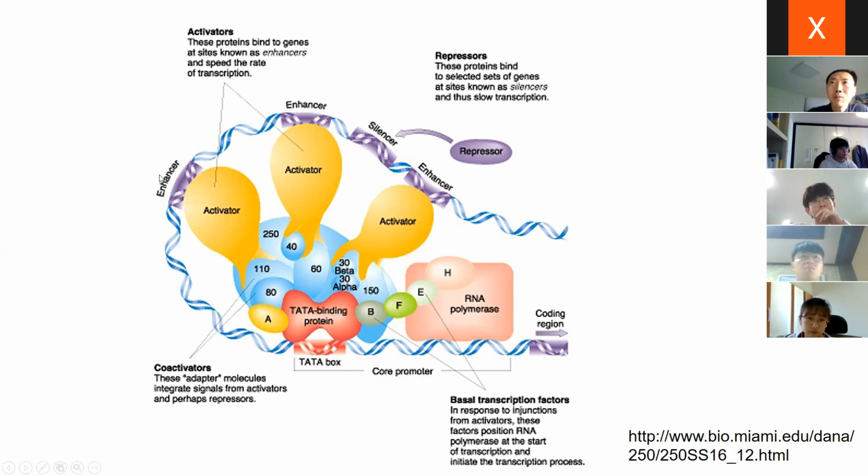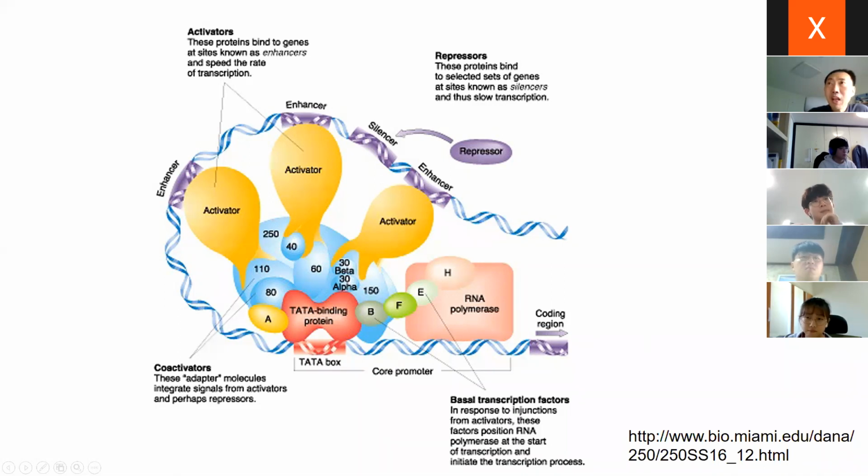Some of those parts, promoter or enhancer or silencer, these guys are competing with each other. And when this three-dimensional structure is formed, then maybe RNA polymerase starts to make RNA, okay?